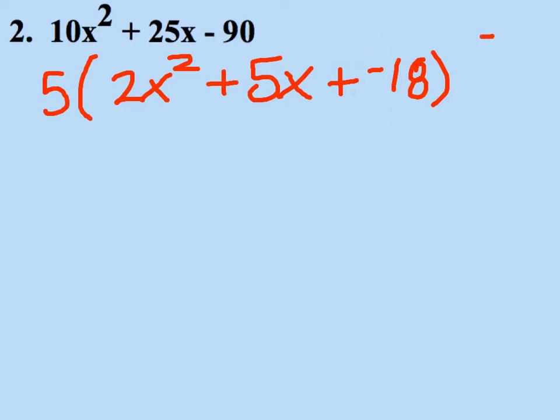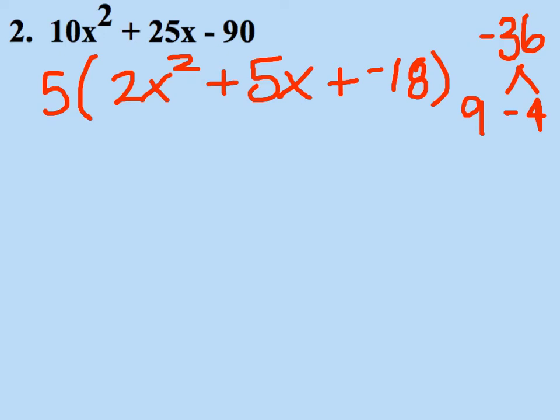That's going to give me negative 36. So I need to think of the factors that multiply together to give me negative 36, but add to give me positive 5. Those numbers are 9 and negative 4. When I multiply them, I get negative 36, but when I add them, I get positive 5.